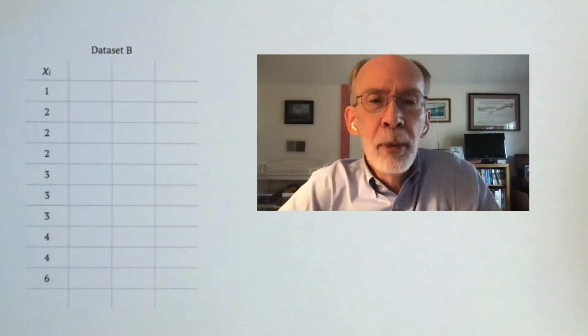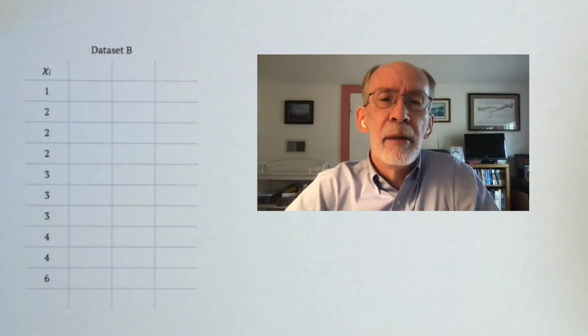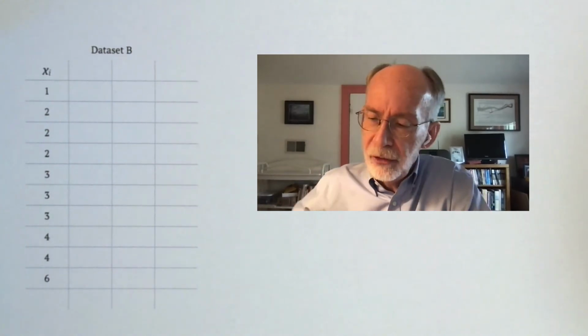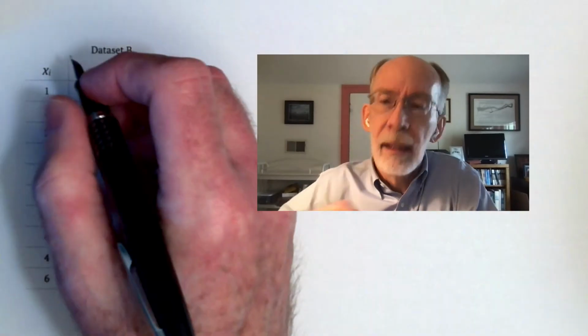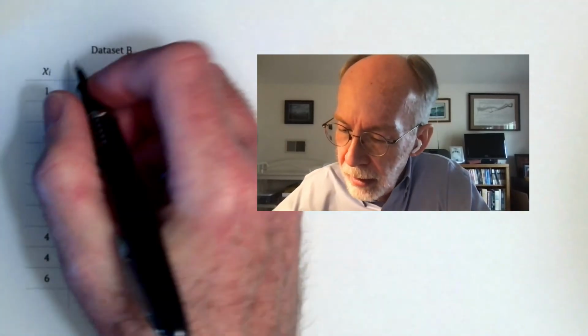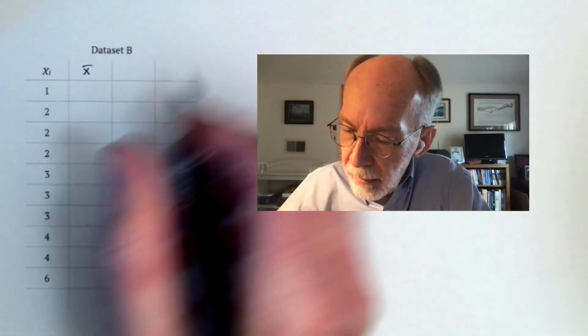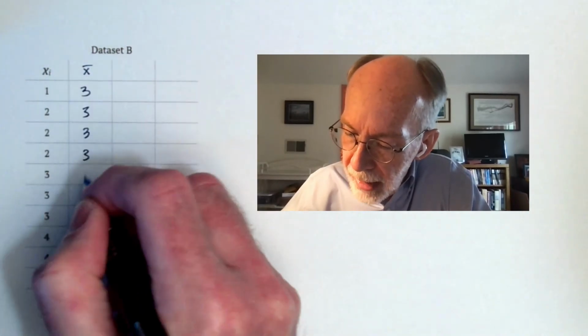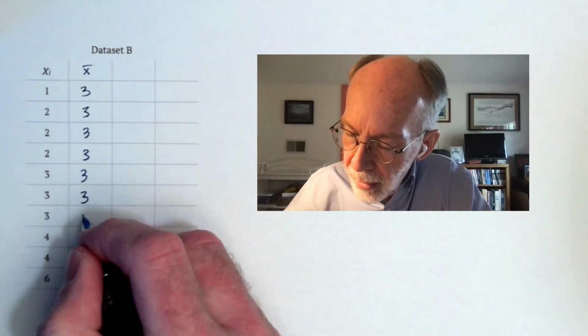So what's done instead, and you don't lose anything by this as it turns out, is we compare each value in the data set to the mean of the data set. So we said a moment ago, we're doing this for data set B, that in both cases the mean was 3.